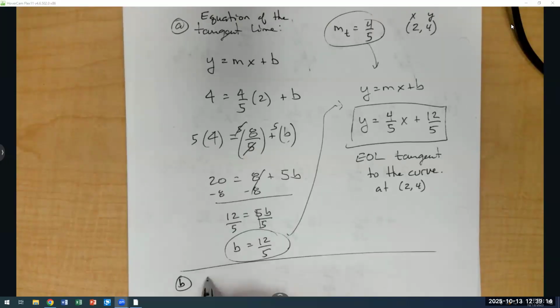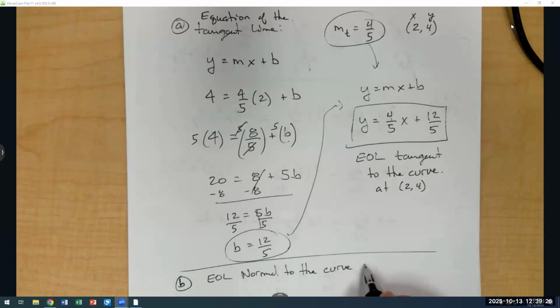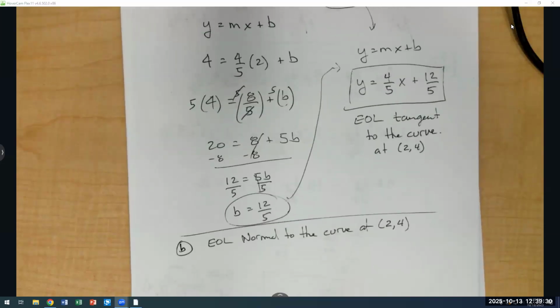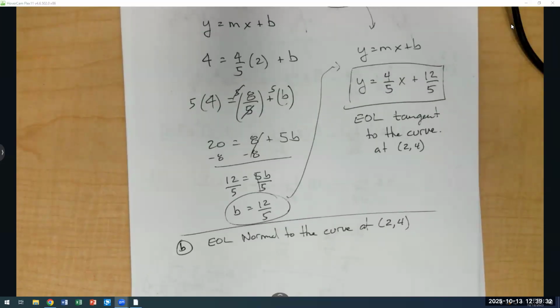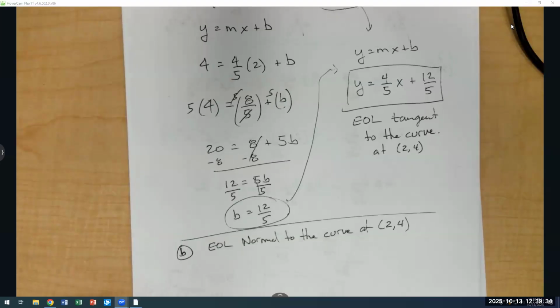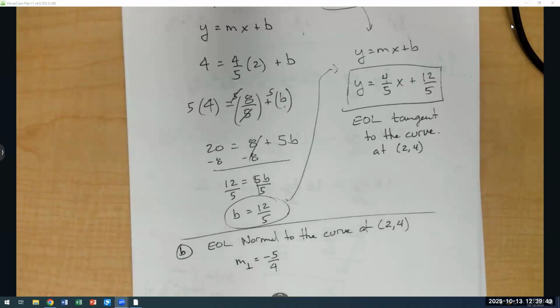Now we got to find the equation of the line normal to the curve at 2,4. Well, we know the slope of the normal line, of the perpendicular line, is -5/4.